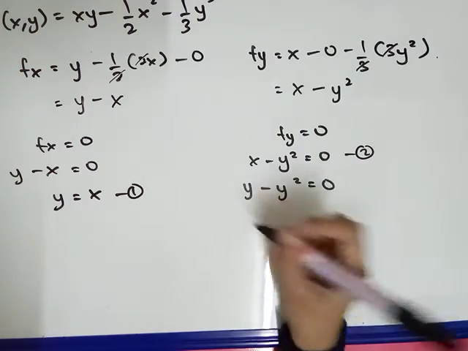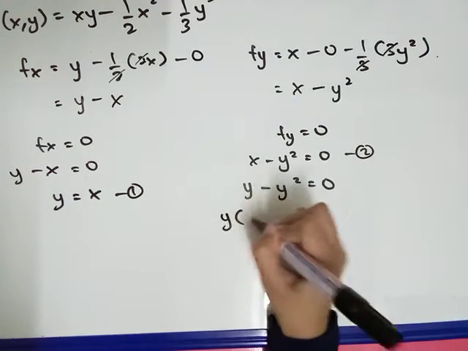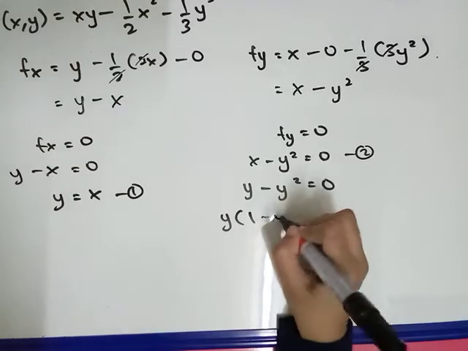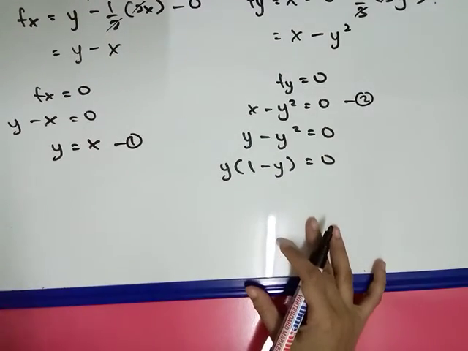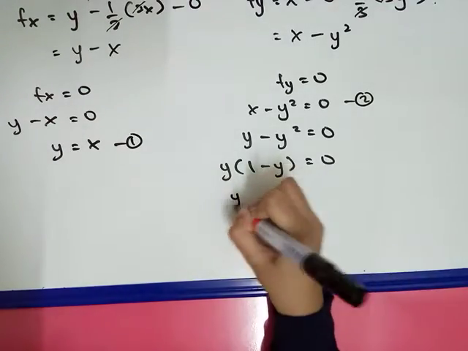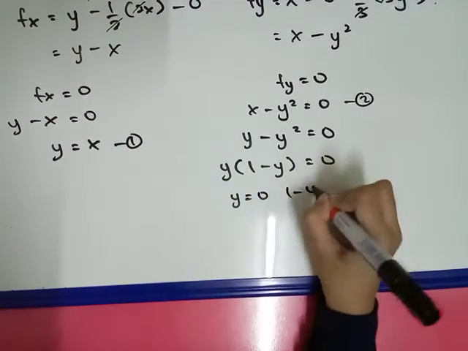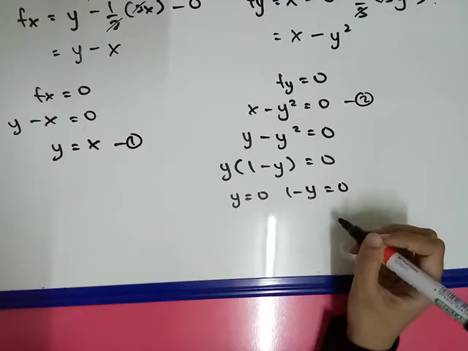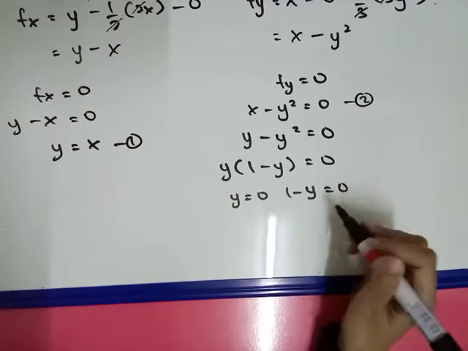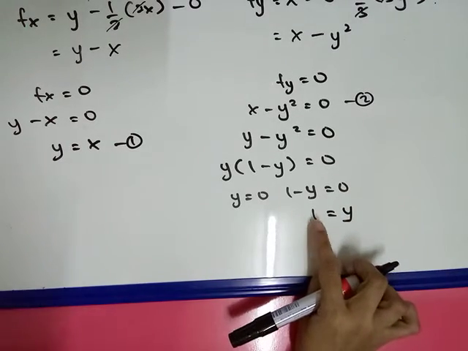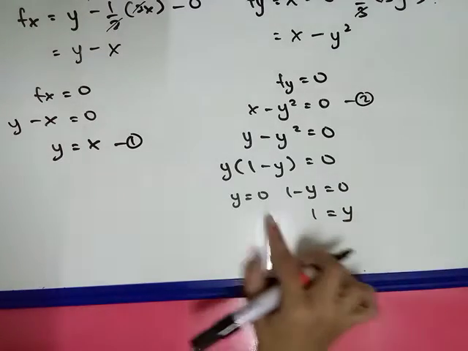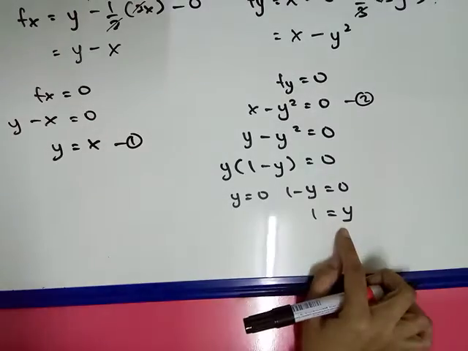Then factorize the y. It becomes y times 1 minus y equal 0. Then y equals 0, you need to split it up, and 1 minus y equals 0. Negative y move to the right, it becomes positive y, so y equals to 1. So we have y equals 0 and y equals to 1.